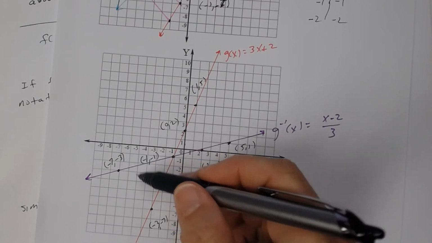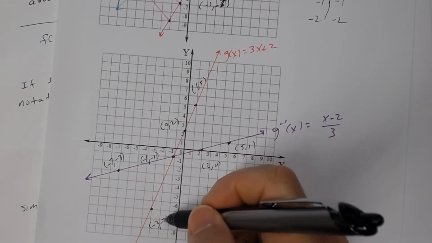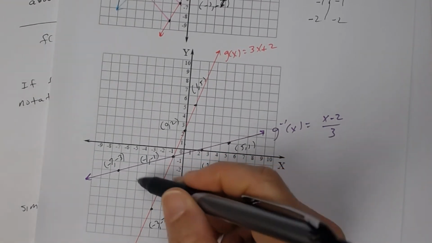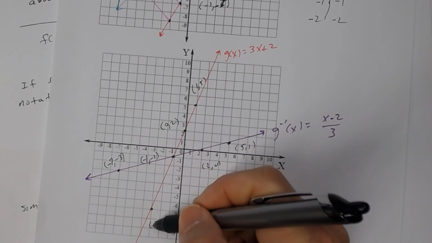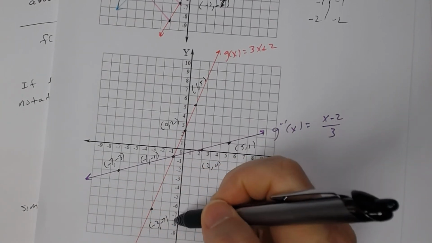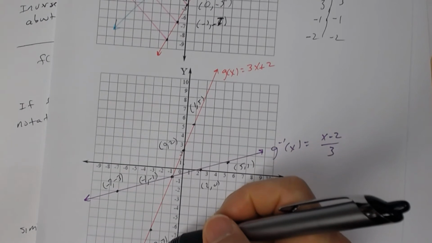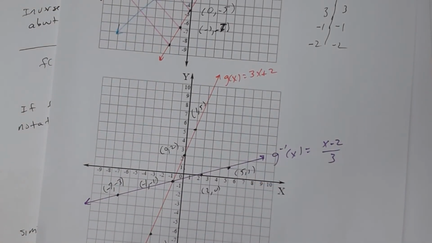So (-3, -7) became (-7, -3). So this y value became this x value, and this x value became this y value. Okay? So y becomes x, x becomes y. So that means that those two functions are symmetrical about the line y equals x.